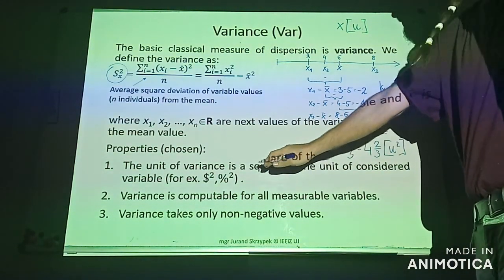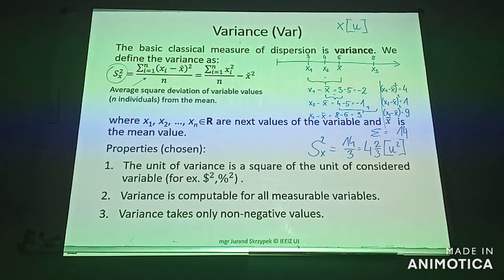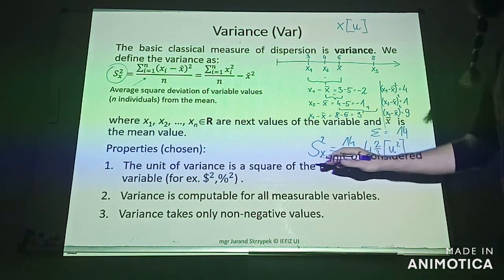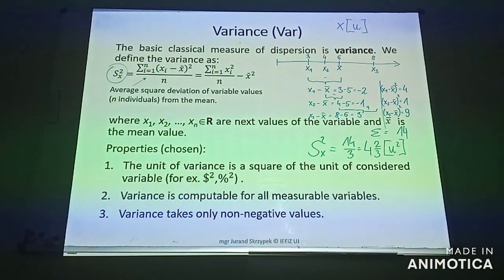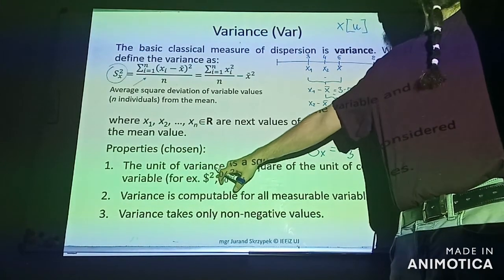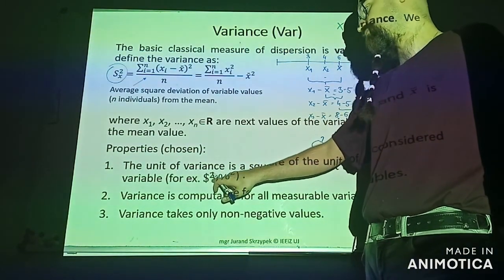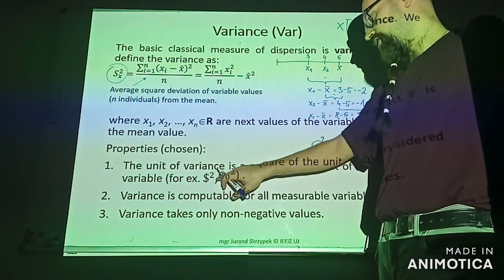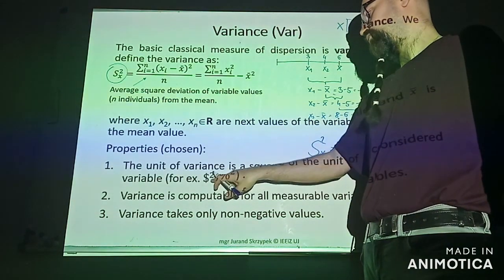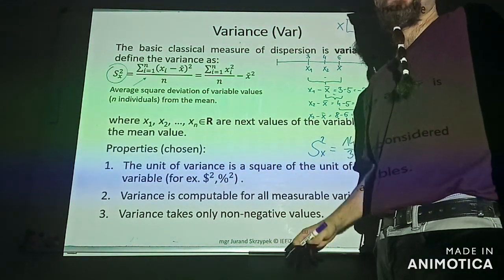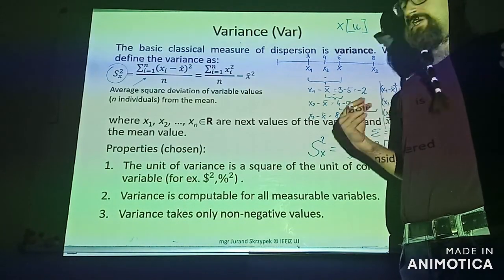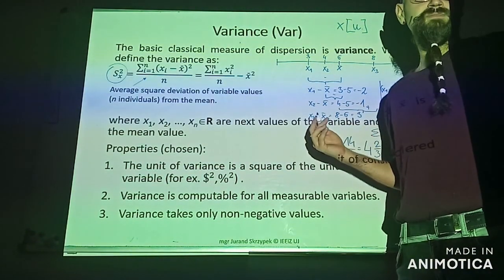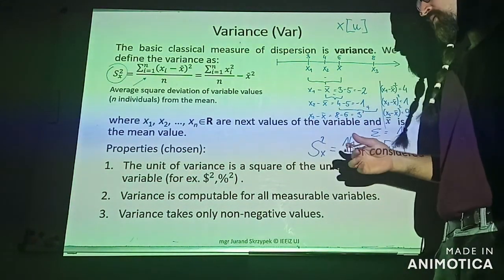This is the first property of our measure. The unit of variance is a square of the unit of the considered variable. If the variable is expressed in dollars, the variance of this variable will be expressed in dollars squared. So for us, for the economists, for the managers, it has no sense, because it has no economic interpretation.